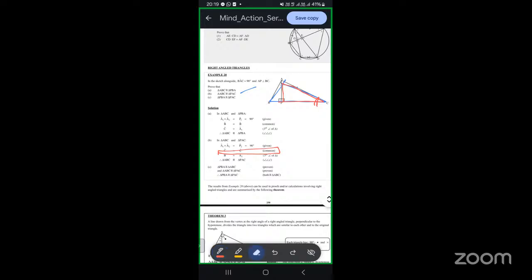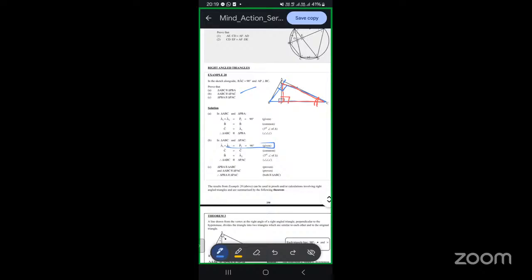We also have this 90 degrees in the red triangle equal to that 90 degrees in the blue triangle, reason being given.